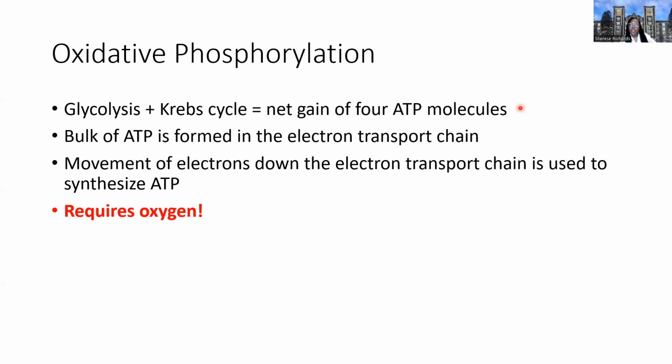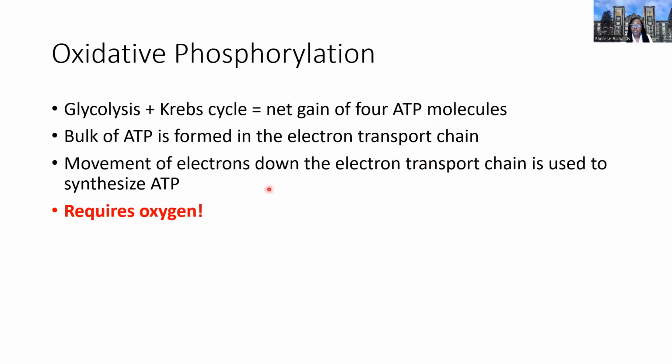So all of those preceding steps are leading up to oxidative phosphorylation, which is going to yield us 4 ATP so far, but the majority of the ATP that we make, the majority of the ATP that keeps us alive is essentially made from this final step in the electron transport chain.